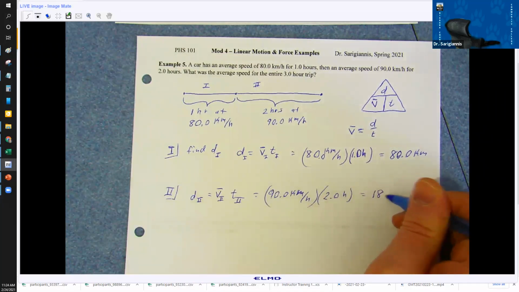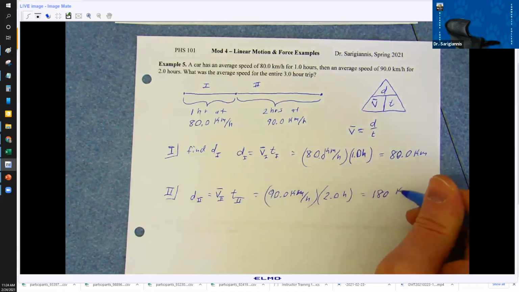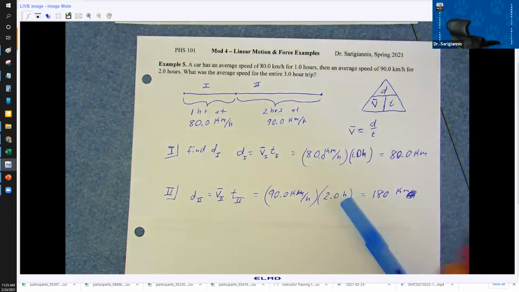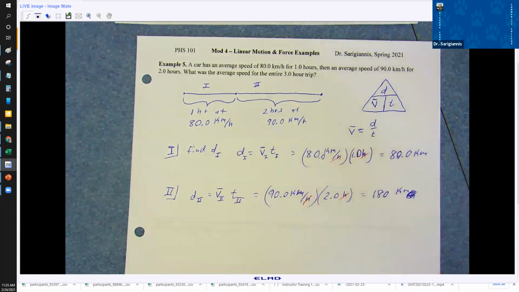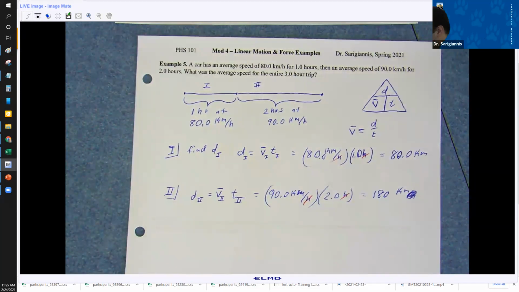So this is 180 kilometers per hour. Or sorry, kilometers. Oh my God, I should cancel these units here so I don't confuse myself. 180 kilometers. So the second portion of the trip, we travel 180 kilometers.